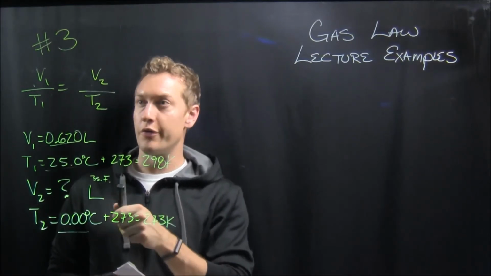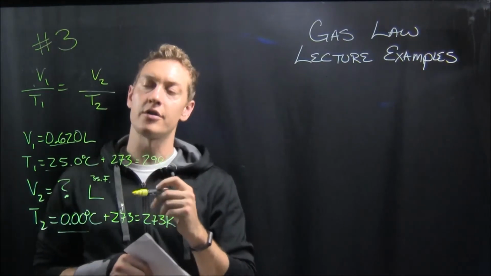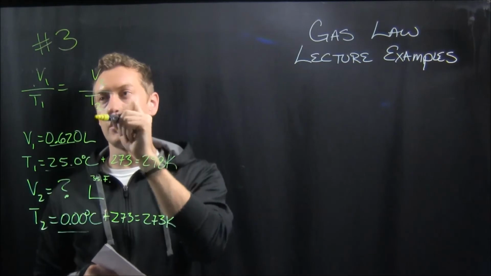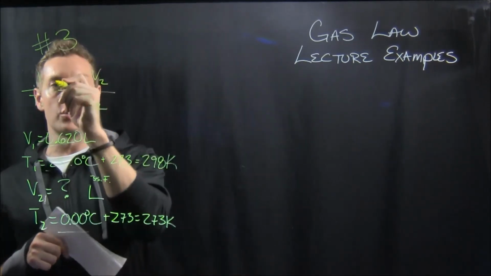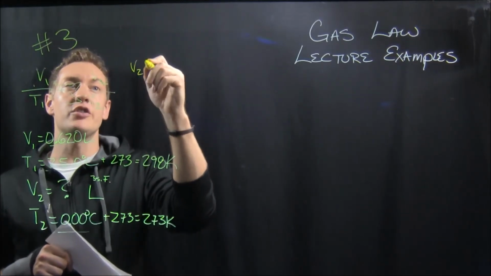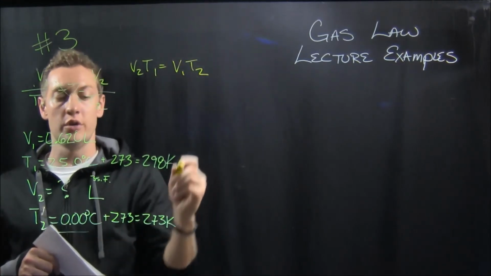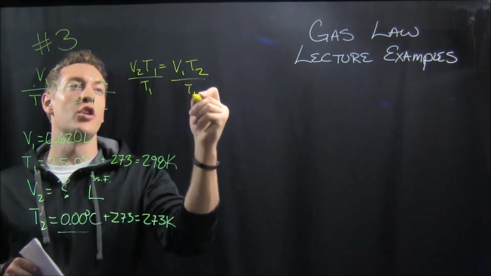And so we're going to solve for V2. The way you were taught to do algebra, you cross multiply and end up with V2 T1 equals V1 T2, and then to isolate V2, you divide by T1.